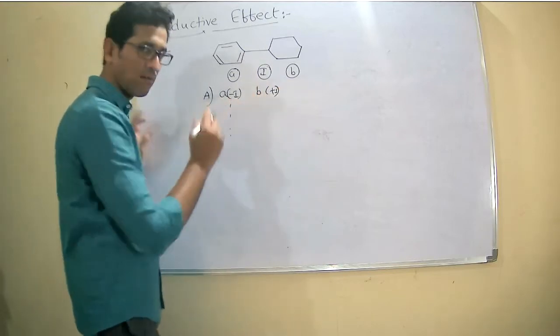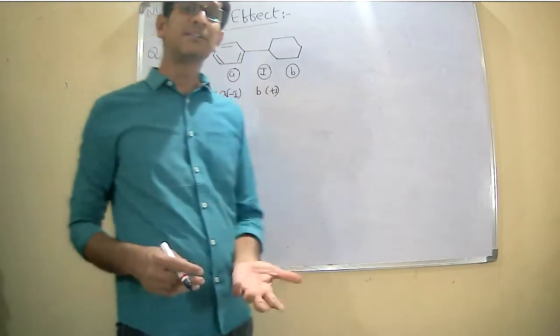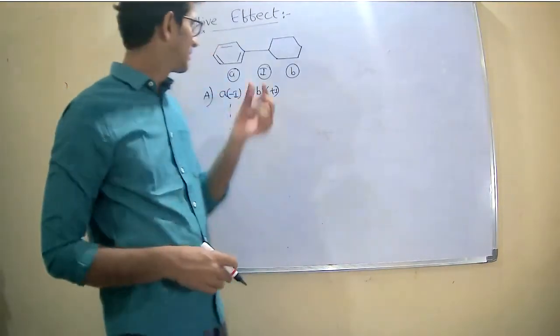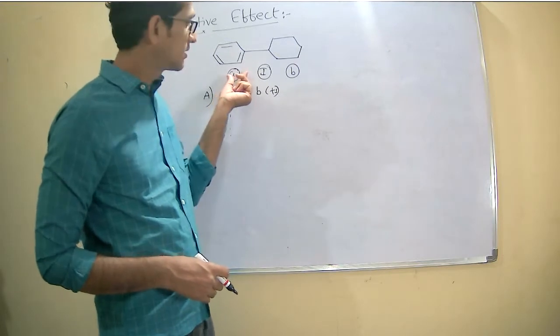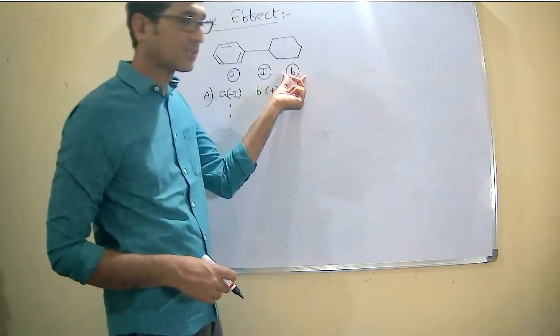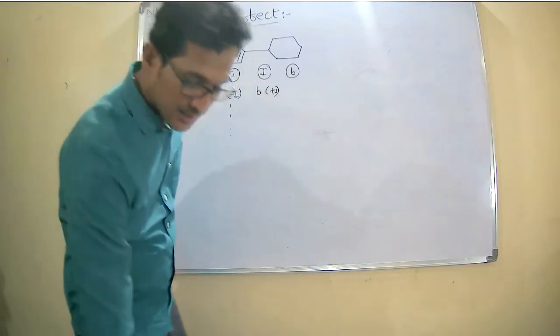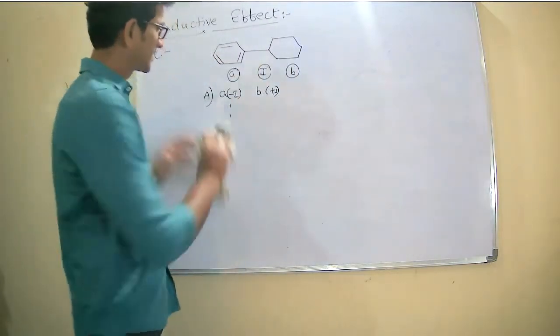Like that, you may have options. Then how will you identify the correct answer, whether A is the plus inductive effect or B is the plus inductive effect, or vice versa? Then how to identify? See here.